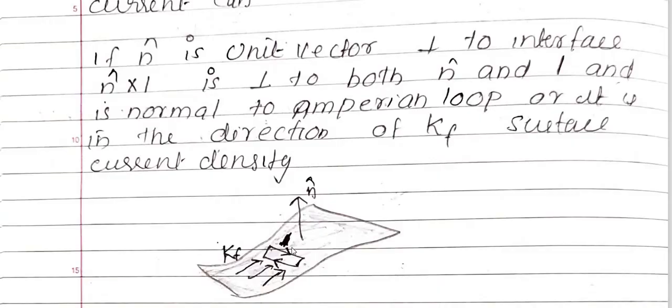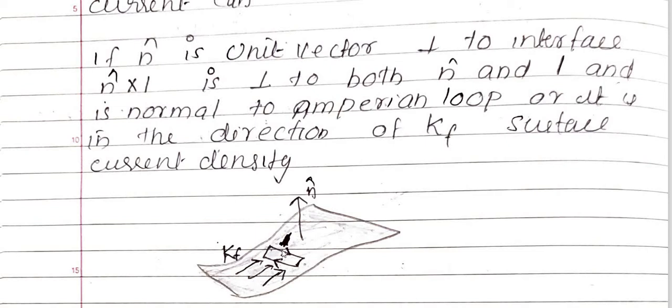Here let us take this as an Amperian loop. This is the upper surface, this is the lower surface, and the boundary is in between these two surfaces, and its thickness is very small. So this is a surface current density. Surface current density is nothing but the surface current perpendicular to this surface. It is current per unit length that is known as the surface current density.